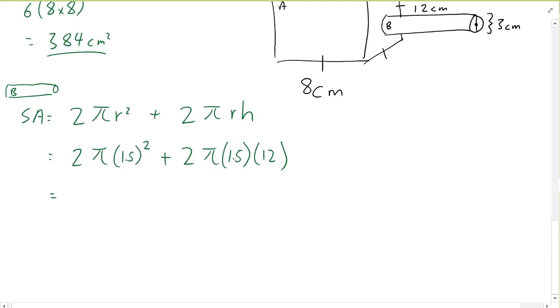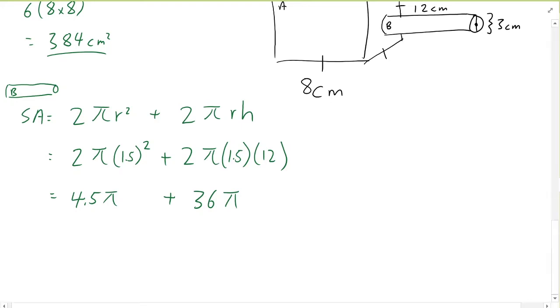Now, when I work this out, 1.5 squared times 2 is actually 4.5. And then over here, 1.5 times 2 times 12 turns out to be 36. And then you can combine these if you like, but hang on one sec.